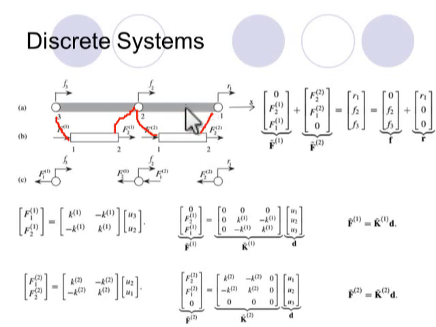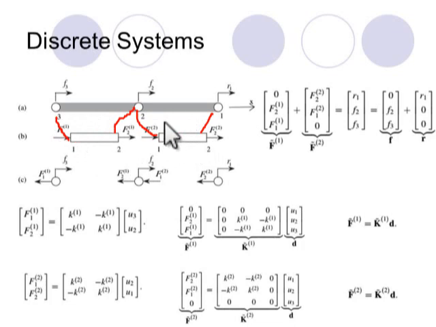Okay, then I write the force equilibrium, and I know that the sum of the forces, because these capital F's are the internal forces. Now this is my pre-processing step in modeling.